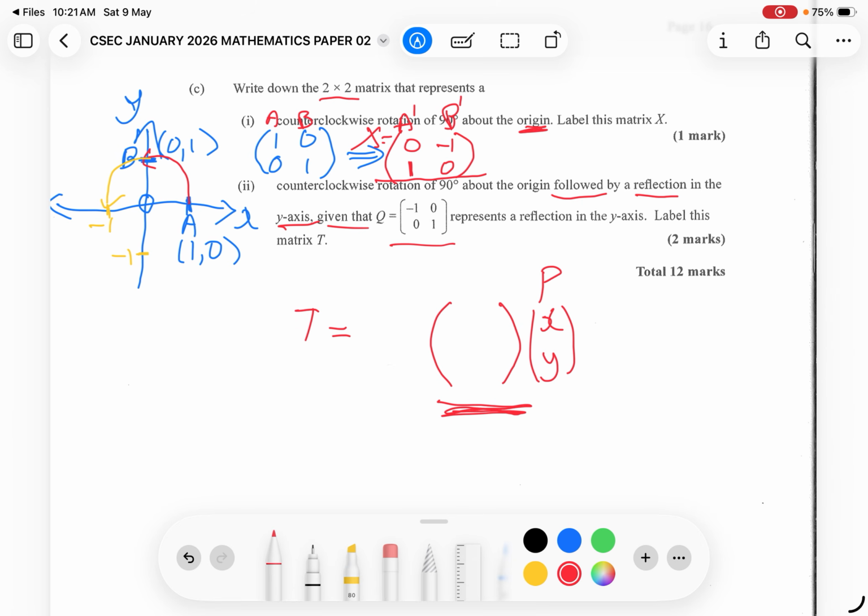So my 90 degree, which is my 0, 1, negative 1, 0, which I found. This is my 90 degree rotation. It said followed by, meaning that the next one is to the left of that as well. So the left of that would have been my reflection of negative 1, 0, 0, 1. So this is my reflection.